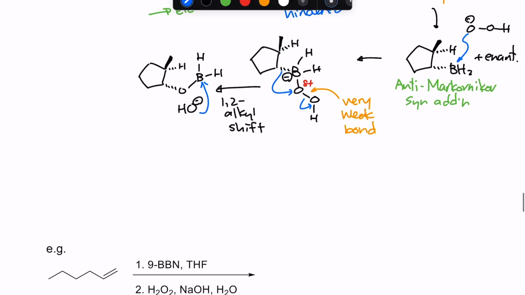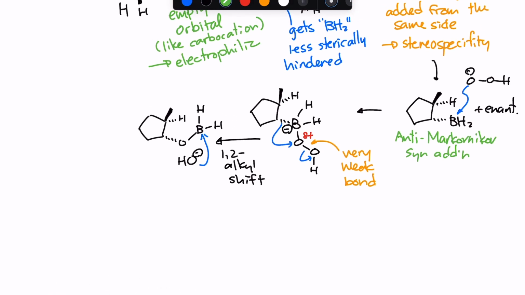this could attack the now electrophilic boron, because at this point it's got an empty p orbital, right? And once that happens, boron gets to have a negative charge again, and now to get rid of the negative charge, one of the things it could do is just to let go of one of the oxygens, like so.